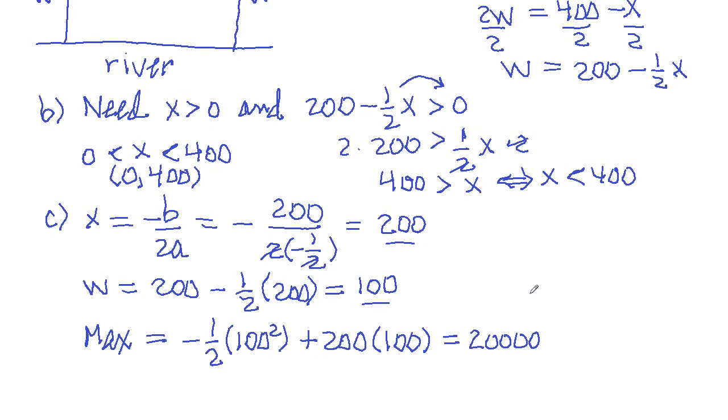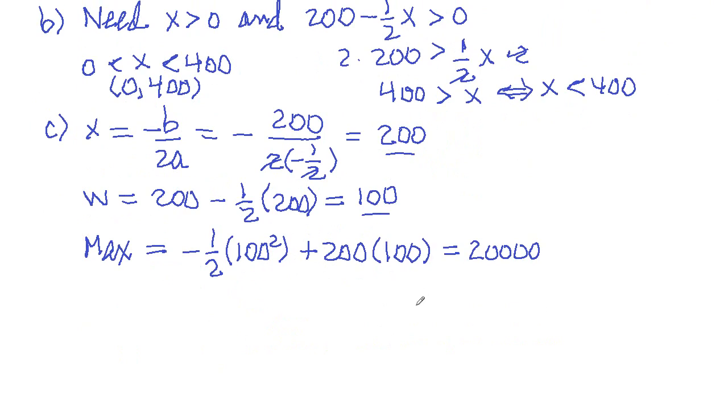Now on the exam, they also ask you to graph this parabola here. So we've got that vertex, 200, 20,000.